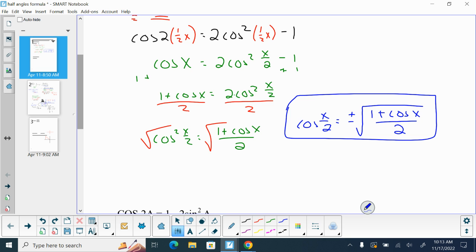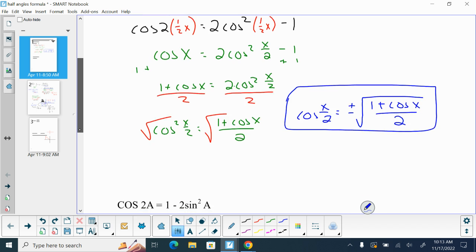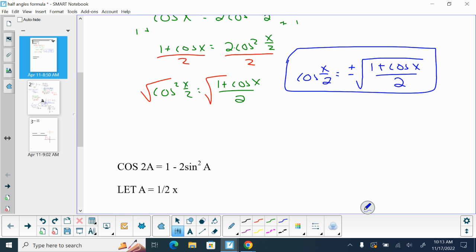The cosine of half angle. Once again, another thing to add to your sheet. As we did this up here, another double angle formula for the cosine of 2a is 1 minus 2 sine squared of a.